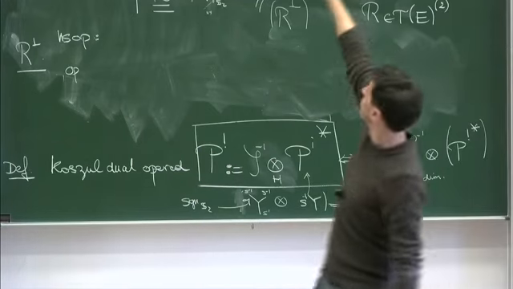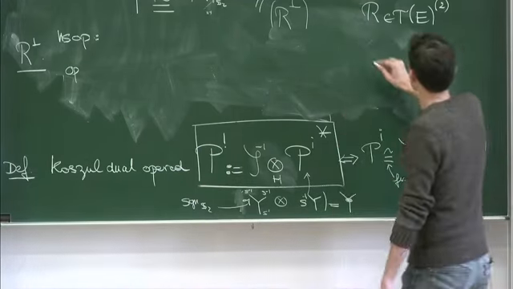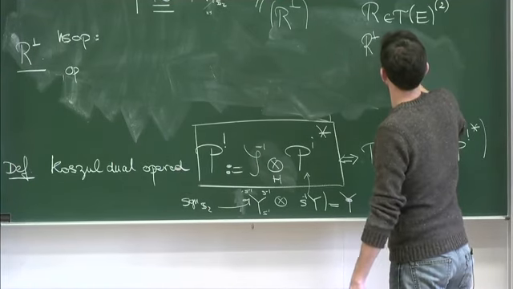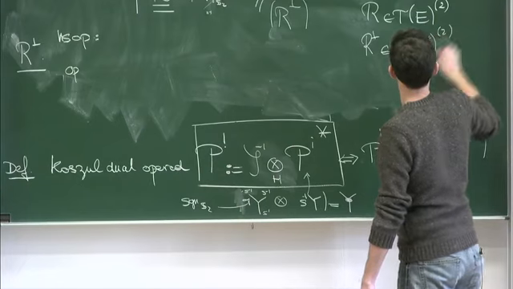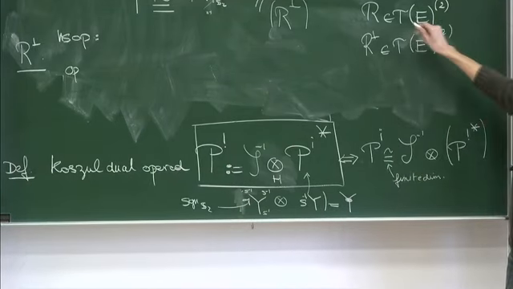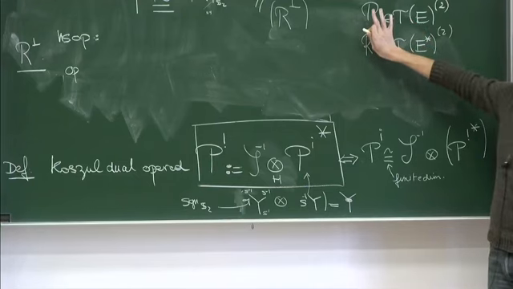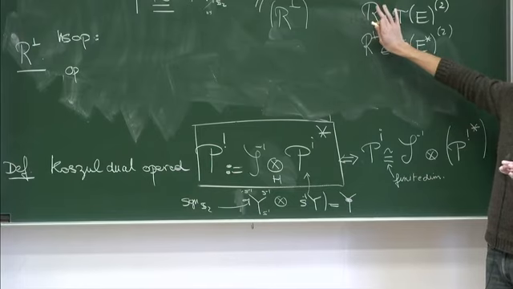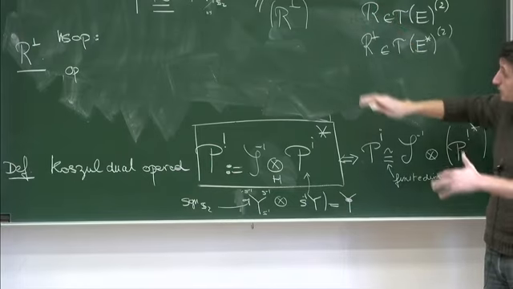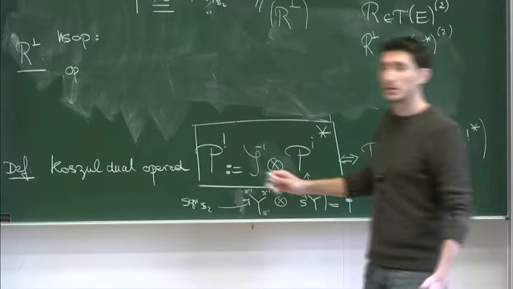Look at the example of us over there. And so R orthogonal should be something which lives in T of E star 2. So I need to define a pairing between trees with vertices labeled by E and E star. This is what I am going to do, and this will give you a self-contained proposition.